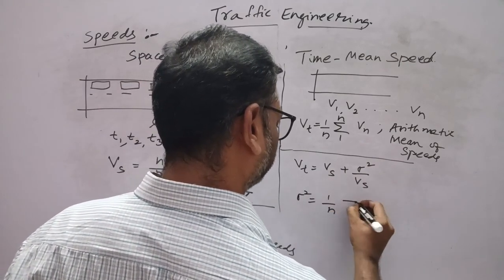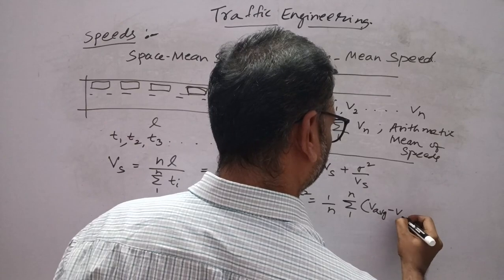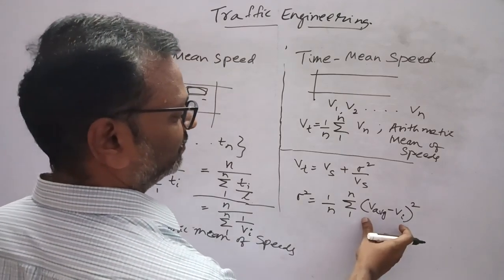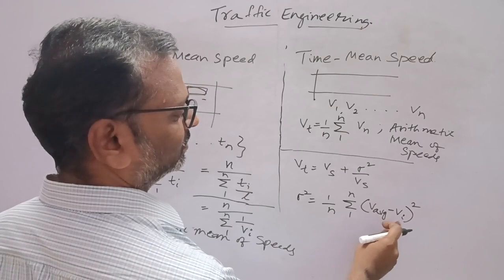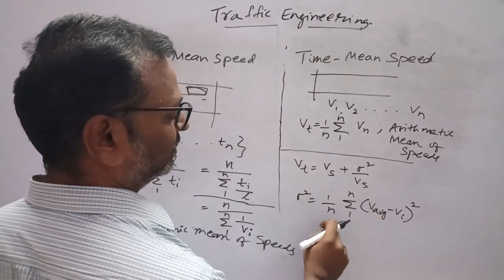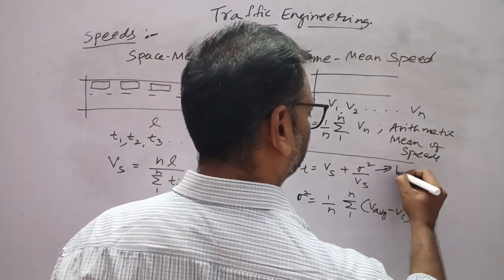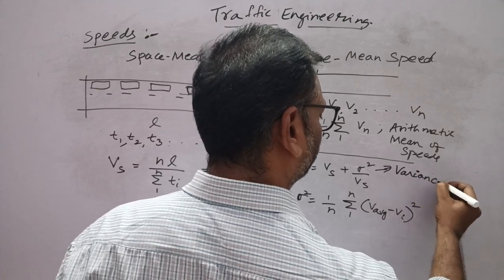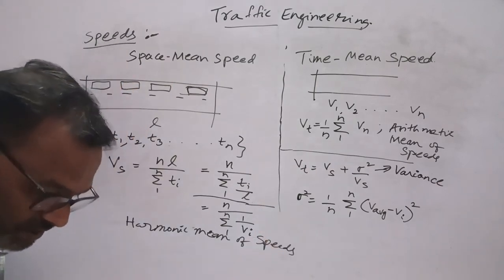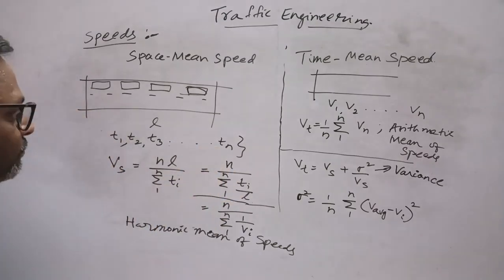Variance is the sum of the squared difference of each individual vehicle's speed and the average of all the vehicles, divided by n, which gives you variance. If you can't grasp this, recollect this, you can see statistics where you will get this variance and all.